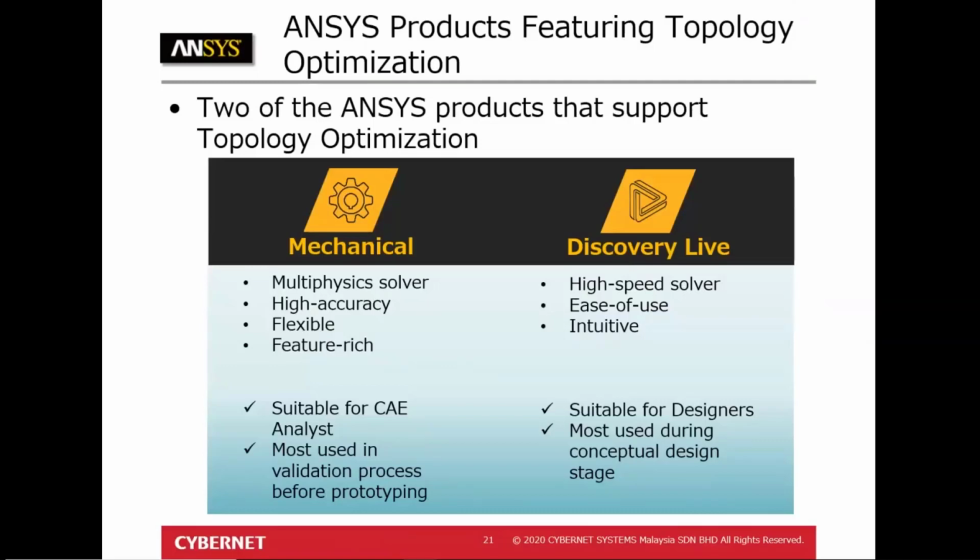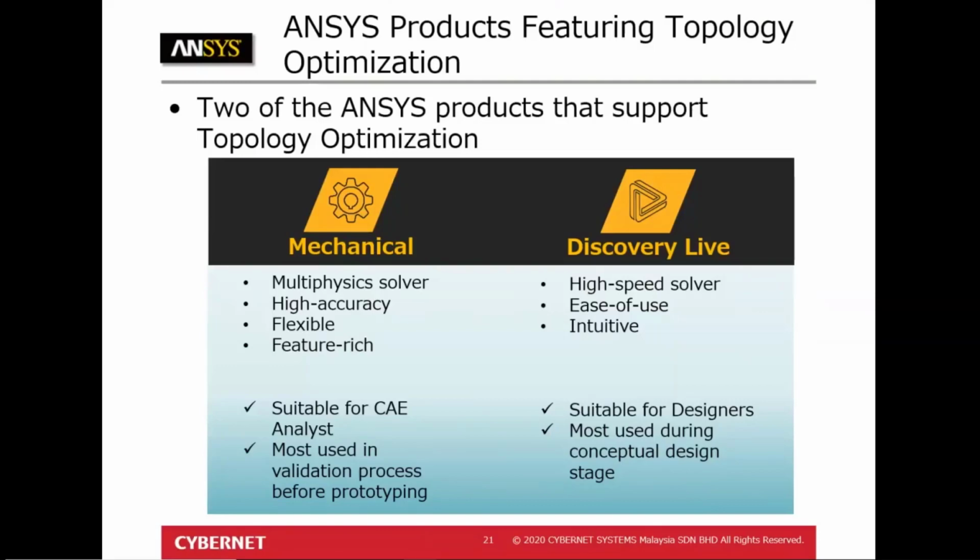Essentially, ANSYS Discovery Live offers a very easy and intuitive approach to topology optimization with a high-speed solution capability. Therefore, I believe this product is suitable for designers who are not too familiar with the world of CAE, and can be utilized the most during the conceptual design process.